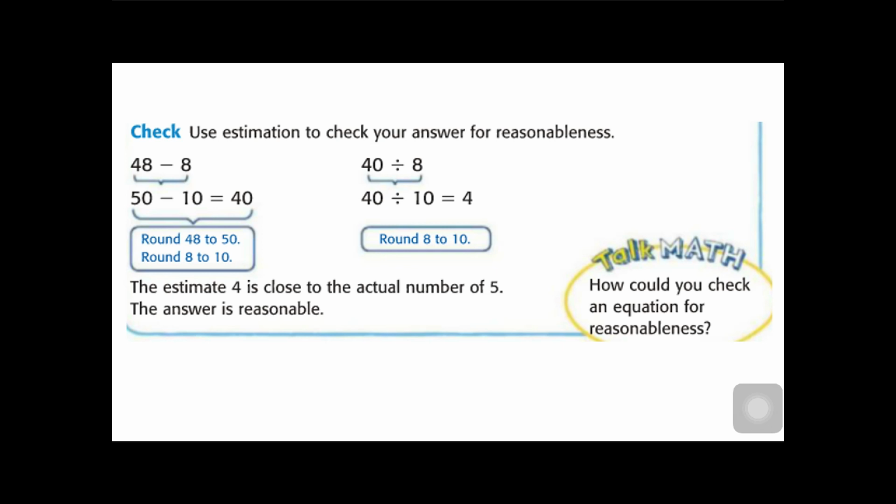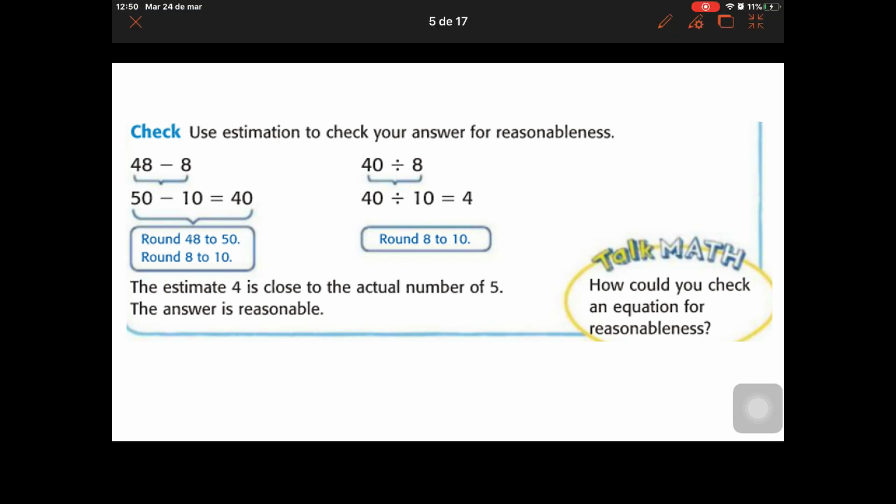Now, use estimation to check your answer for reasonableness. What does it mean?